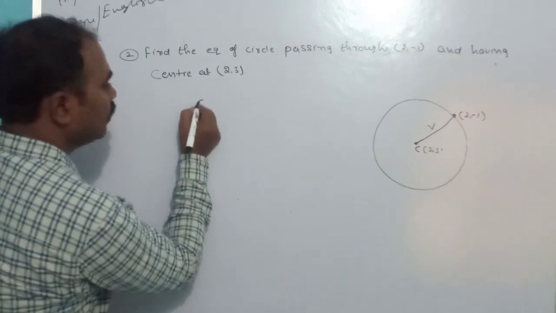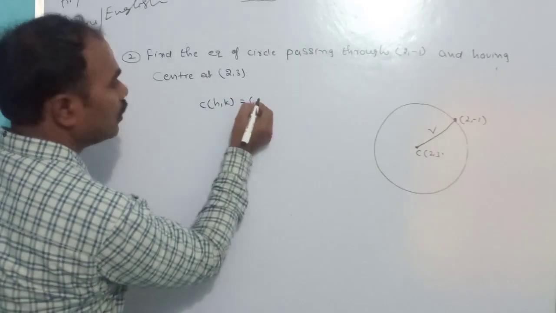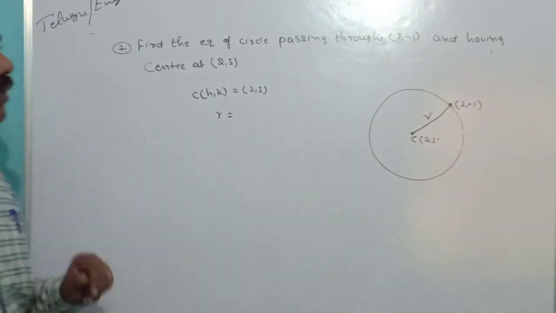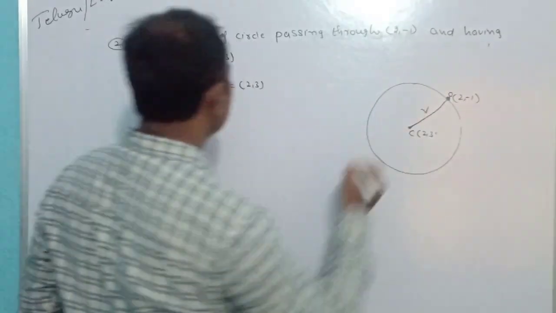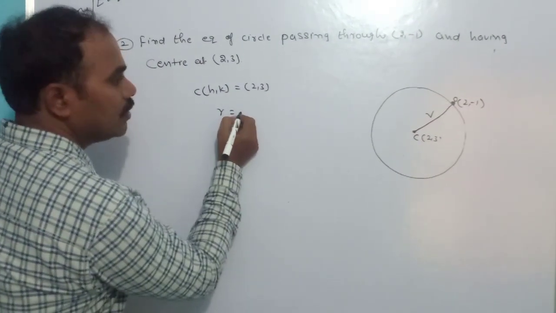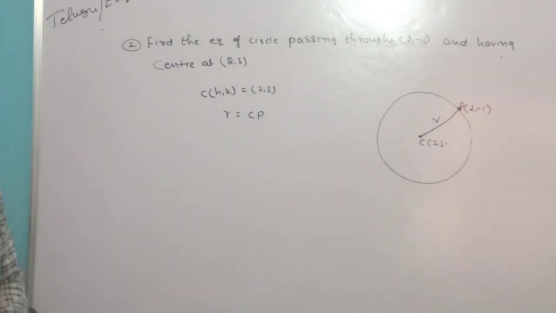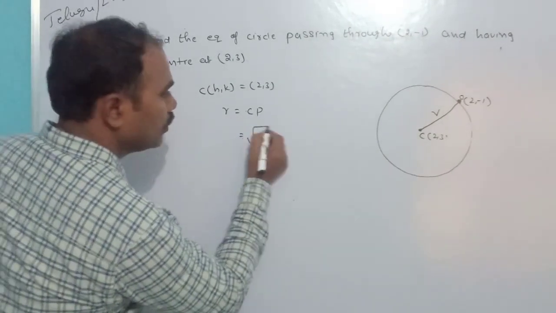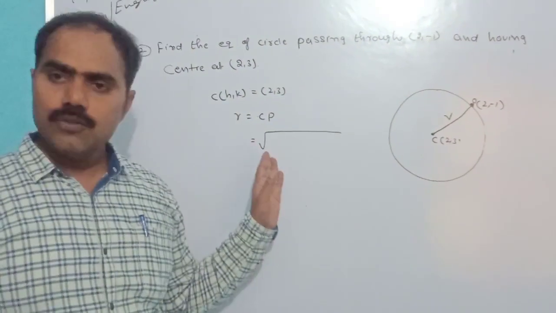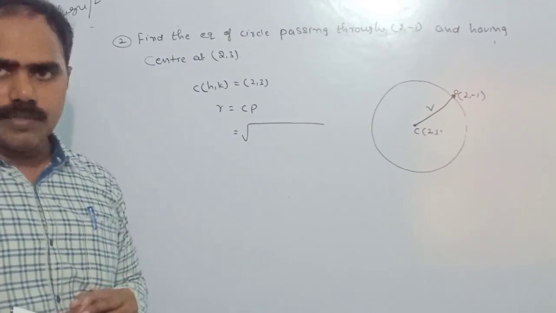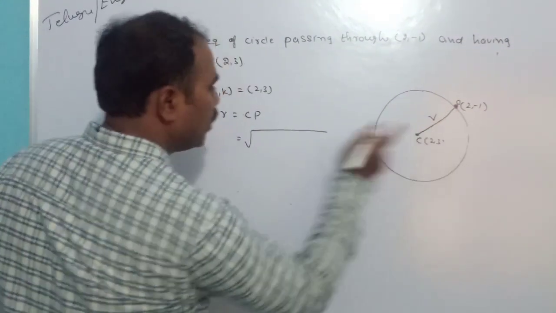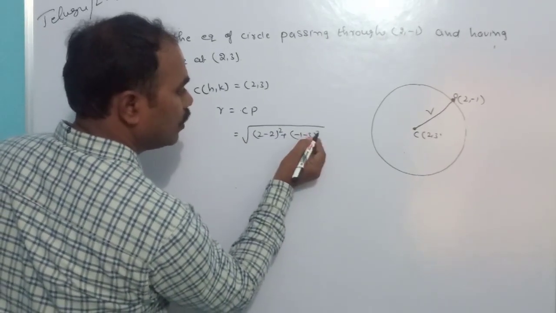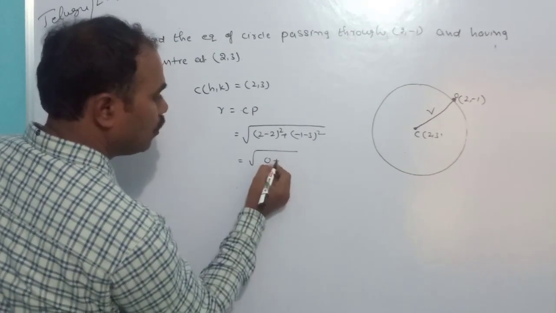Here (h, k) is (2, 3). Take the point P; the radius of the circle is CP, the distance between C and P. What is the distance between two points? It is the square root of (x2 minus x1) whole square plus (y2 minus y1) whole square, which is (2 minus 2) whole square plus (-1 minus 3) whole square, giving 0 plus 16, which is 4.